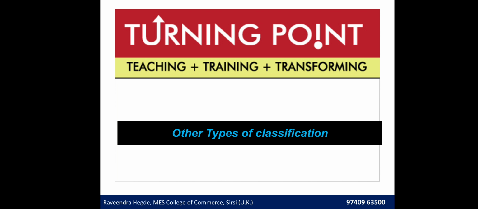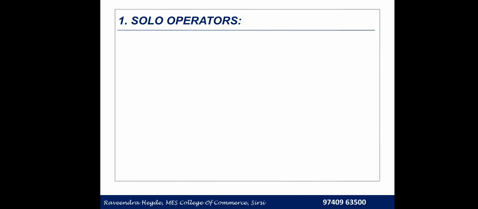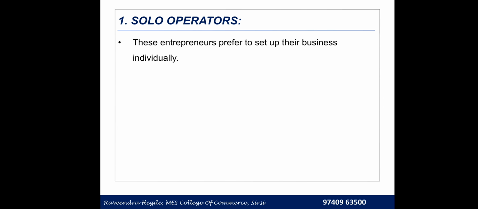Friends, now let us talk about other types of classification. Following are some more types of entrepreneurs listed by some other behavioral scientists. First one is solo operators. These are the entrepreneurs who essentially work alone and, if needed at all, employ a few employees.